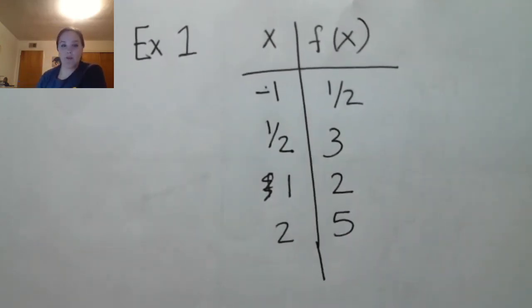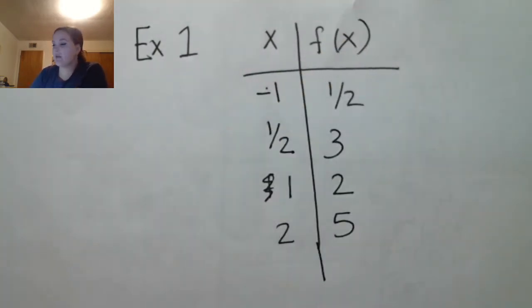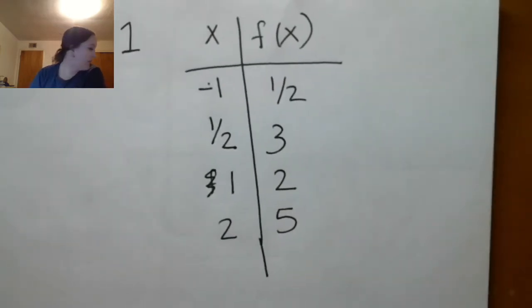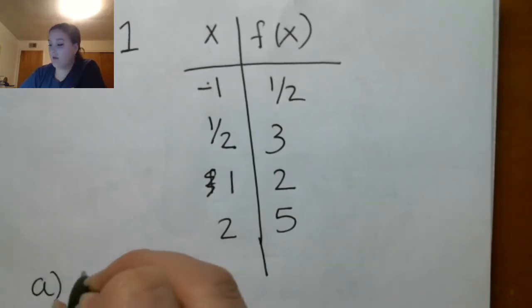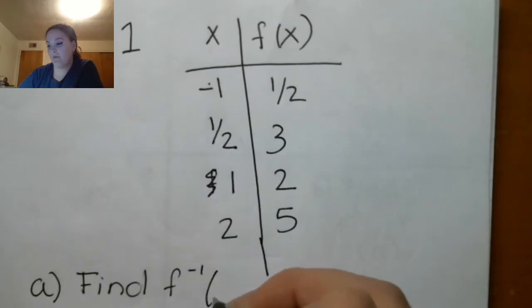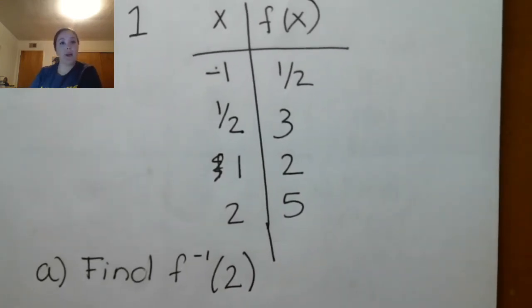So here's our table of values with x and f of x, and then we're going to answer some questions about this. So the first thing we're going to ask is just... all right, now let's talk about how we're going to find the answer to this.